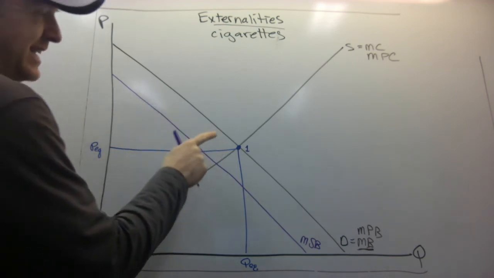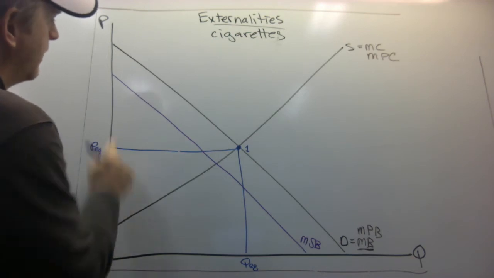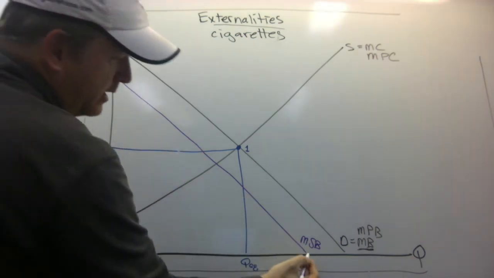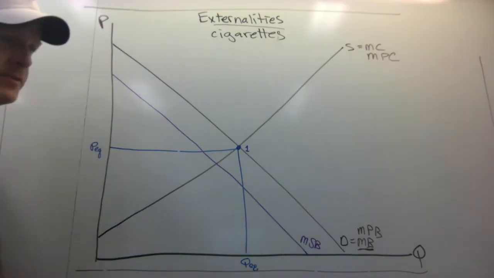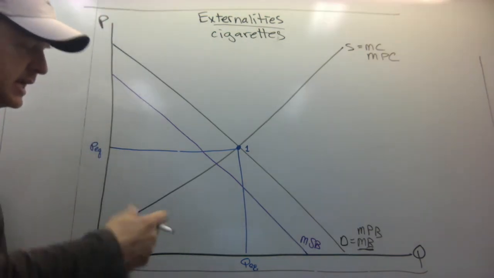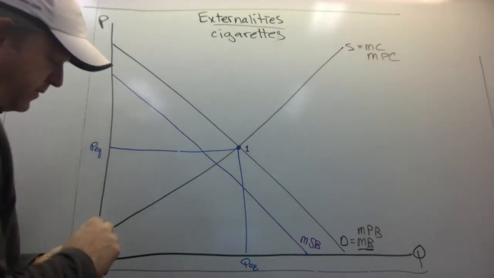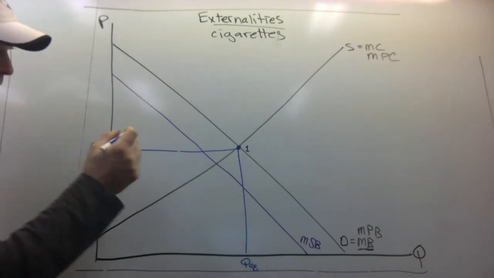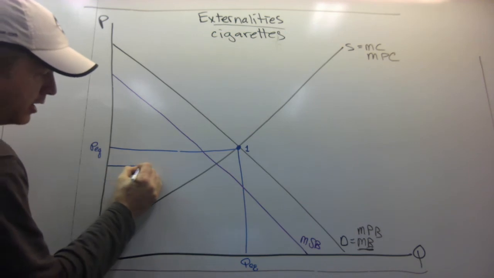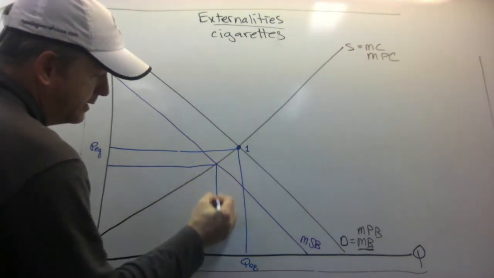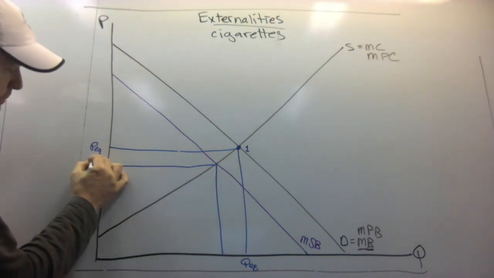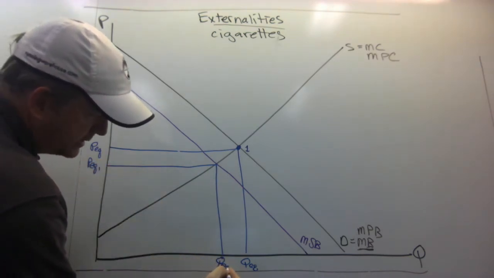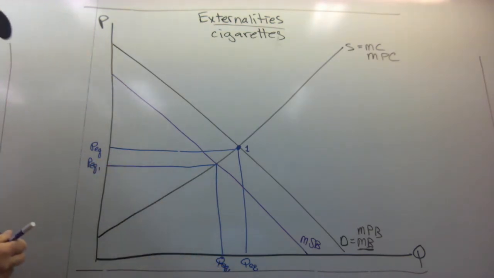We can capture the full consequences of the cigarette if we consider something called the marginal social benefit of that cigarette consumption, right? If we consider the marginal social benefit of the cigarette consumption, we see that we actually are looking at a socially optimal quantity of cigarettes as Q1.